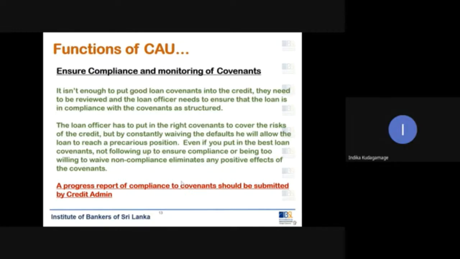We should have a way of monitoring whether we got the financials or not. If we have not received, there has to be a reminder. Right? Monthly 10,000 cash build up. If it is not happening, you have to have a reminder. That monitoring has to happen centrally.